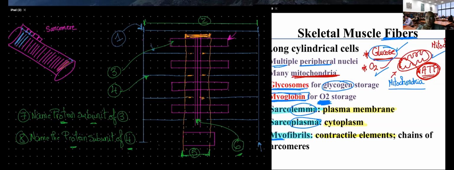What's due this Tuesday? So my recommendation is to get the visible body muscles lab assignment done, to get the activity from last class done, to get the chapter 10 quiz done.